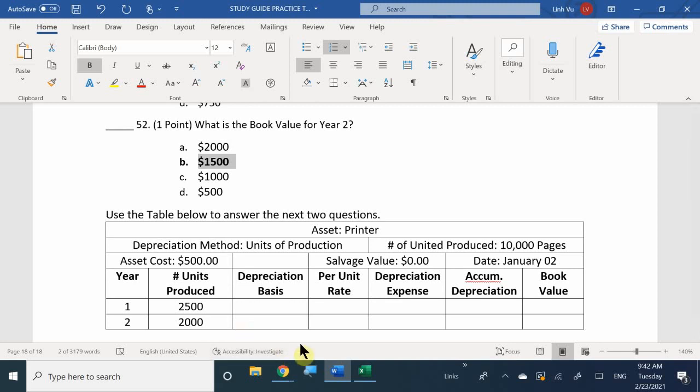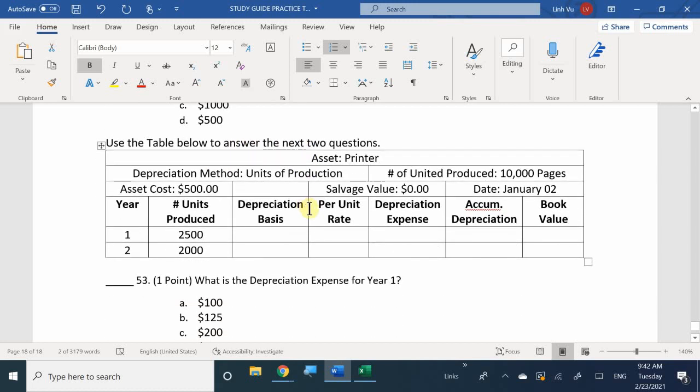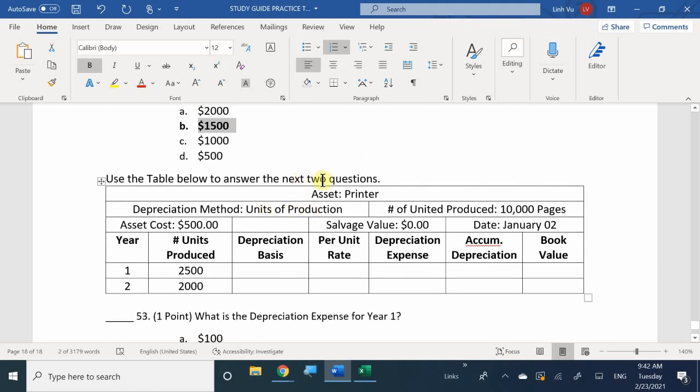Last scenario here is going to be: use the table below to answer the next 2 questions. So this time, I have an asset. It's a printer, and my depreciation method is going to be units of production. Number of units that it can produce is 10,000 pages.